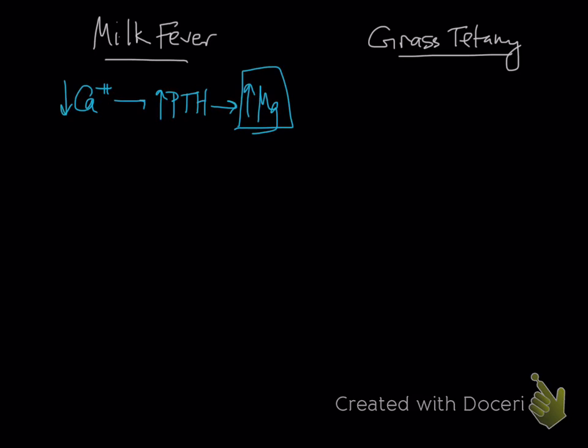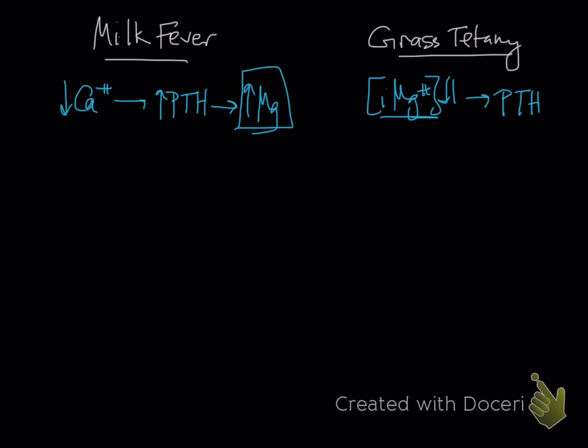Whereas grass tetany, the problem is the lush grass, and this lush grass has very low magnesium. And so you have a low serum magnesium concentration. And this actually stimulates PTH, weirdly enough. And it does this because you have a low calcium as well, for lack of really how to explain it.